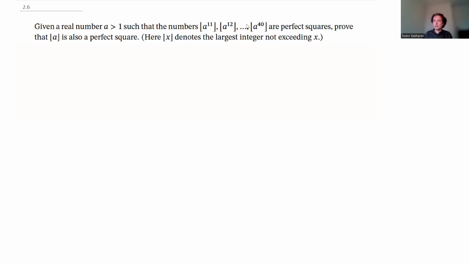So let's say that b is a good number if the integer part of b is a perfect square.